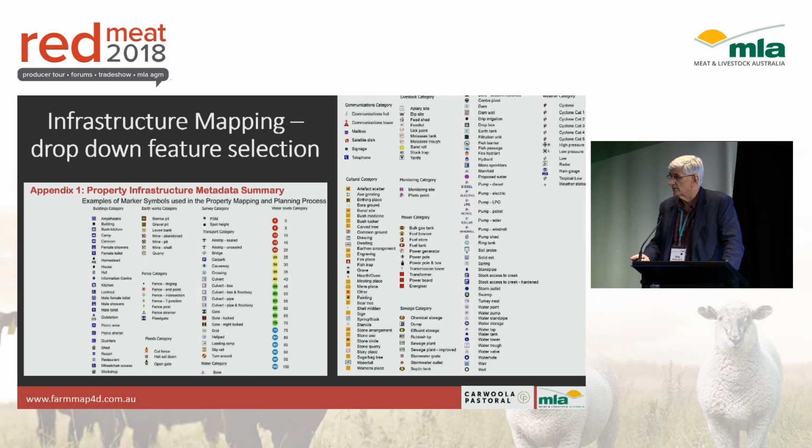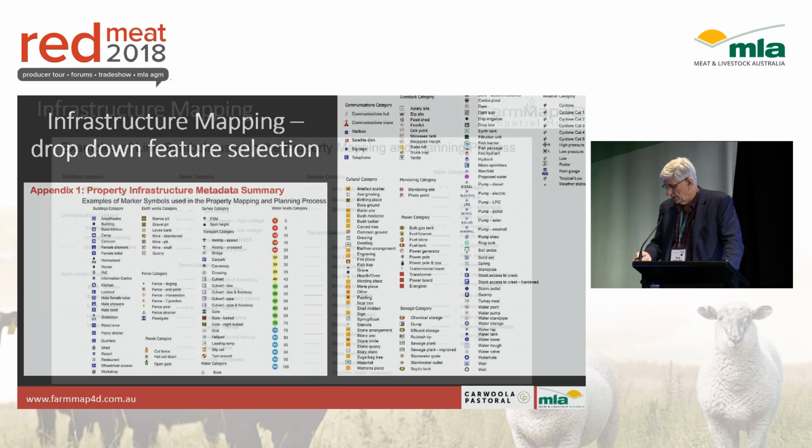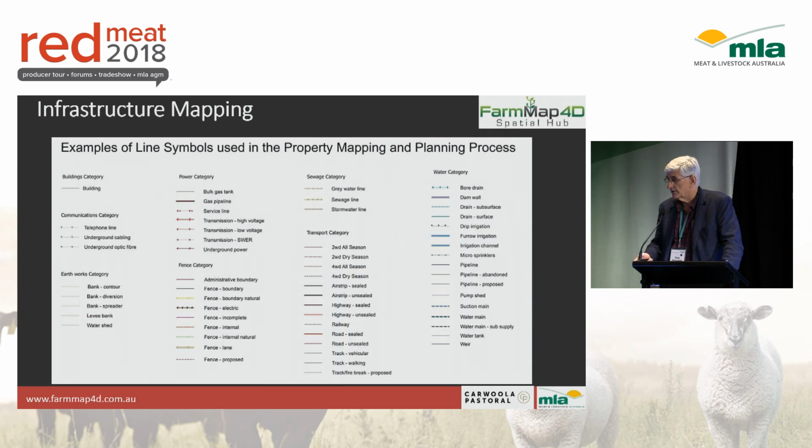This product's been developed in conjunction with users over a long period of time, so you can describe your infrastructure quite well through drop-down access to different descriptions of what it is.